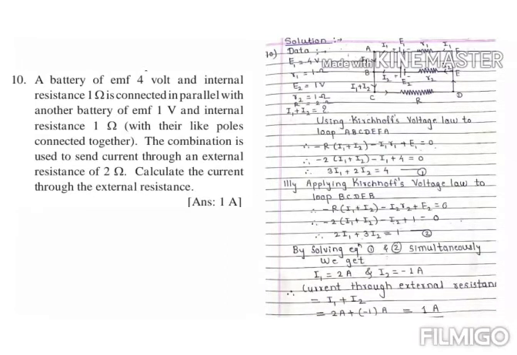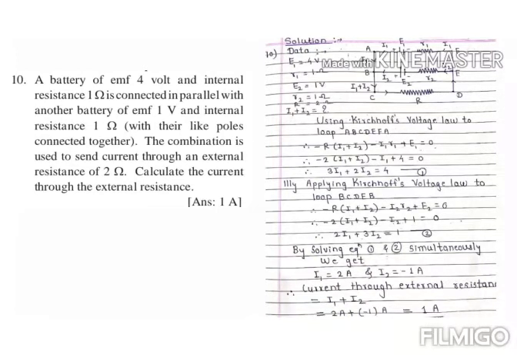So, dear students, in this numerical, we got the data from the numerical. So, we need to draw diagram for solving this numerical. A battery of EMF E1 and internal resistance R1 is connected in parallel to a cell of EMF E2 and internal resistance R2.